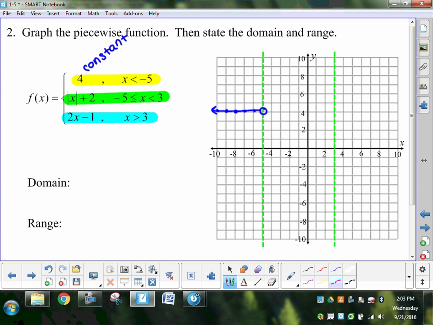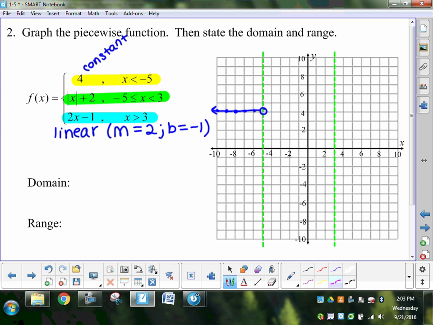Now, this is the part, pay attention please, where you have to make sure you understand it's a piecewise function. If I'm graphing this linear graph, we know that the slope is 2, the y-intercept is -1. Normally to graph this, I go to my y-intercept and do a rise over right.